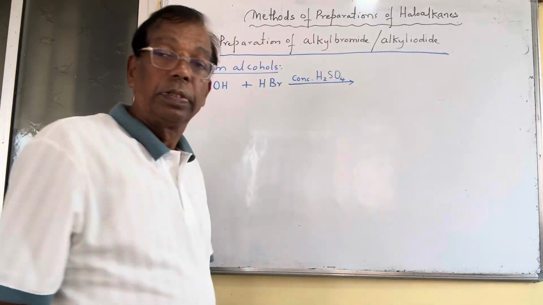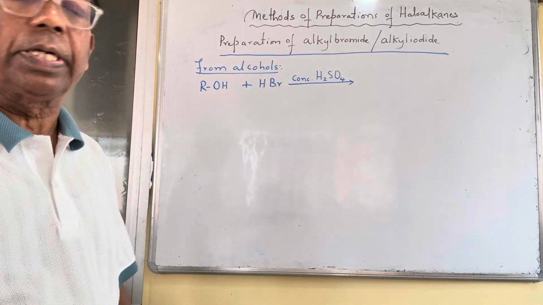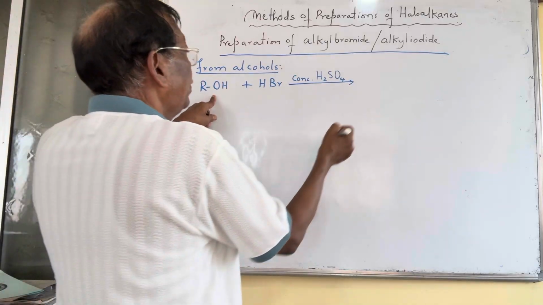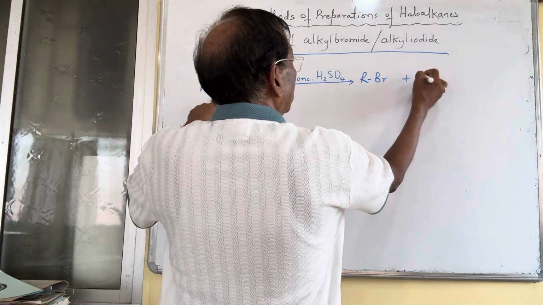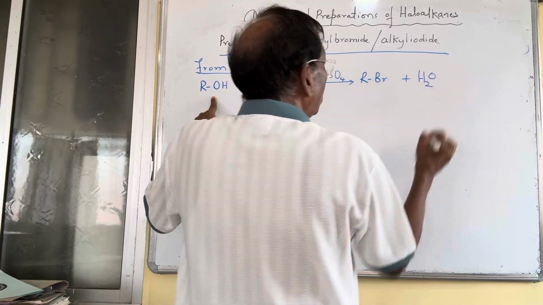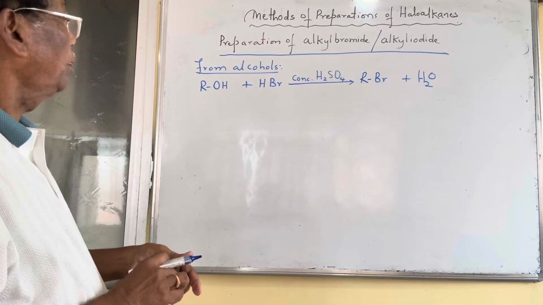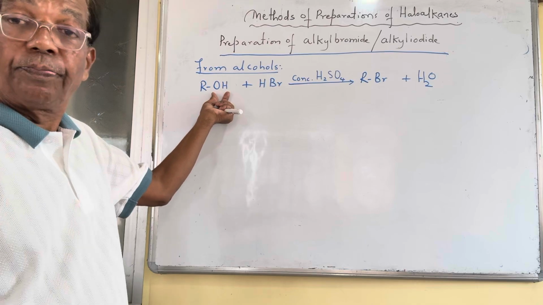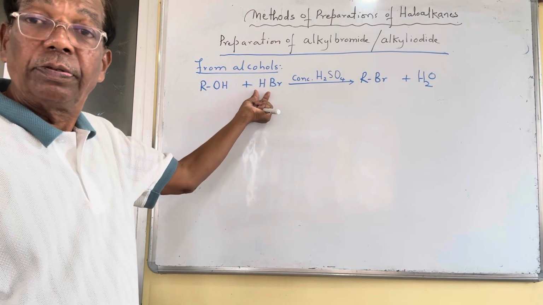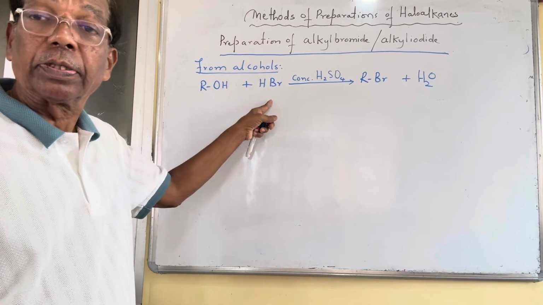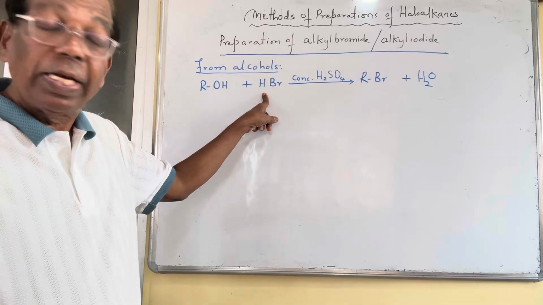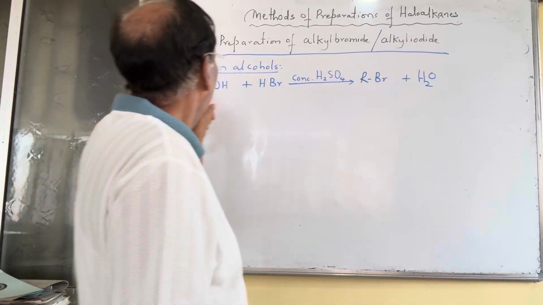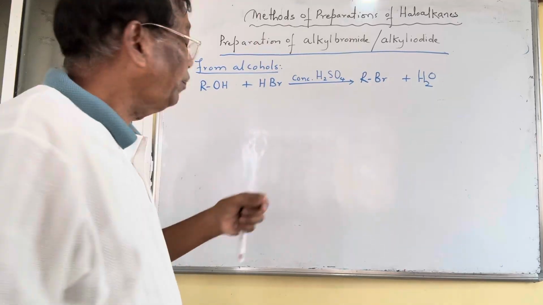You all know sulfuric acid is a dehydrating agent. So what we'll get here will be RBr plus water. Now don't learn by heart. Remember what the change is: this OH and this H will go out as water. What is left will be RBr. This is the way that you remember.